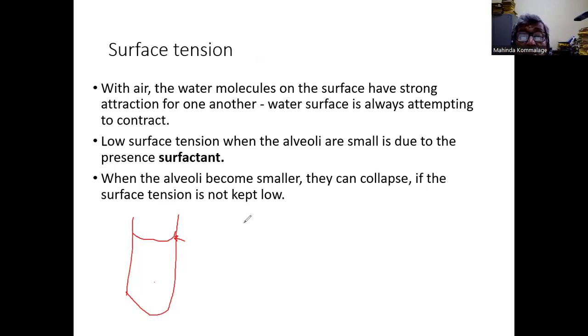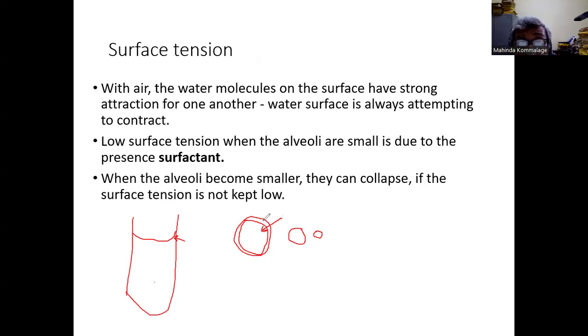Right? So let's say we have a bubble like this, and there's a water layer inside this bubble. If we make it small, the next stage is like this, and the next stage is like this, right?